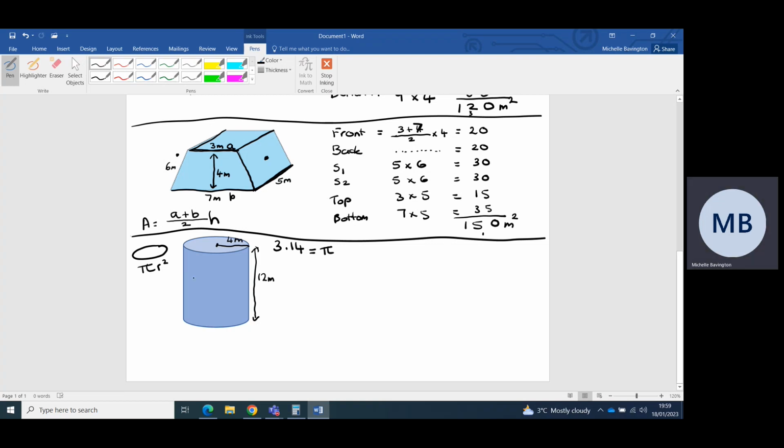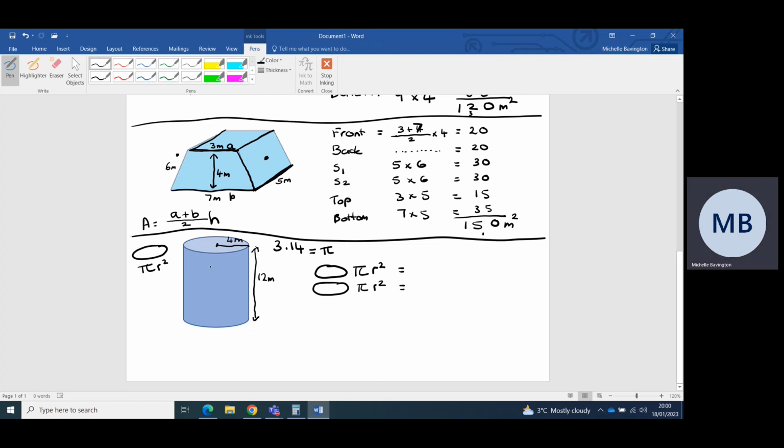So looking at this shape, how many circles do we have? Well, we have the top and the bottom. The first one, pi r squared. The second one, pi r squared.